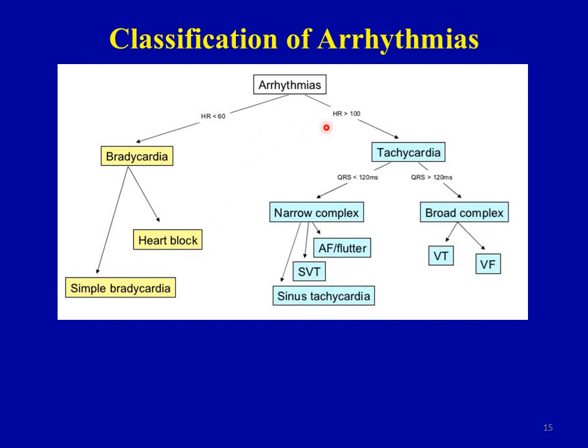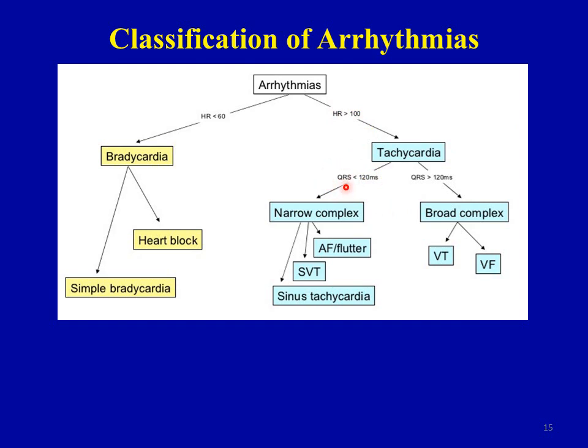On the other hand, if the heart rate is more than 100 beats per minute, then we have tachyarrhythmias or tachycardias. After we come to know that we have tachycardias from the elevated heart rate, we check the QRS complex or QRS interval duration.